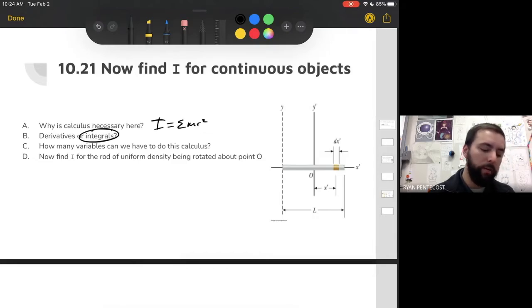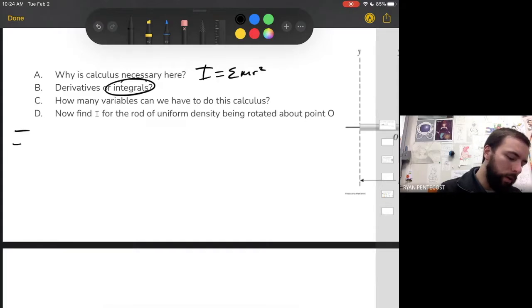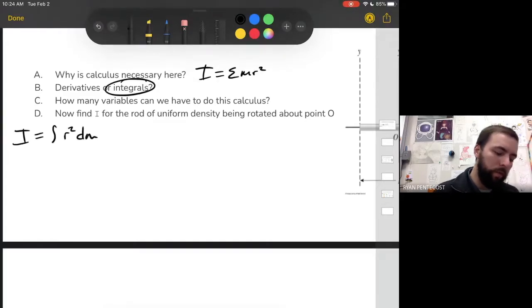Now, how many variables can we have to do this calculus? We want one. So when we did our integral of r squared dm for our other lessons, we wanted to find something that resolved the dm issue.